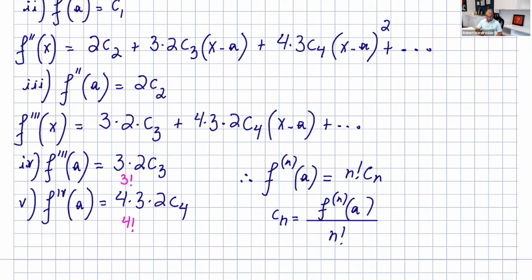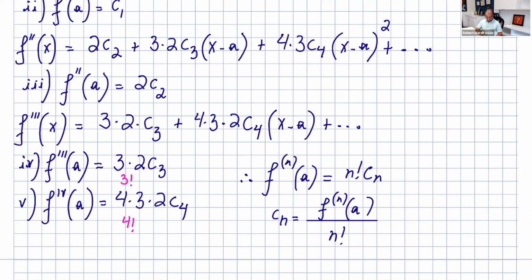The third derivative, again, you'll see what happens, 3 times 2 times c3, and here you get 4 times 3 times 2 times c4 times (x minus a), and it continues. What's the conclusion? f triple prime of a is 3 times 2 times 1 times c3, and that's 3 factorial.